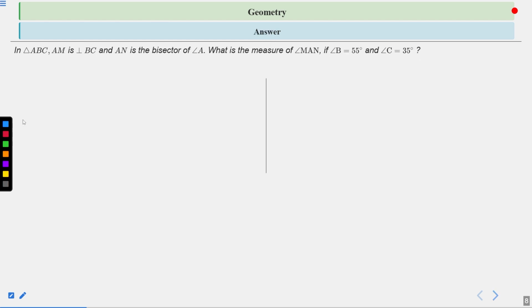The question says that in triangle ABC, AM is perpendicular to BC and AN is the bisector of angle A. What is the measure of angle MAN if angle B is 55 degrees and angle C is 35 degrees? The correct answer of this question is the first one, which is 10 degrees. Now see the detailed solution using concept 16.8.1.